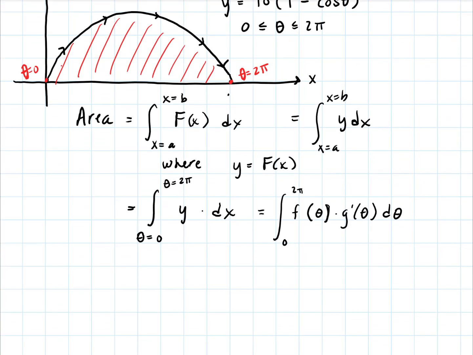And we can make those substitutions because we have the parameterization of the same curve that we're looking for the area of, and it's traced out one time from 0 to 2 pi. Okay, all right, so let's do it.